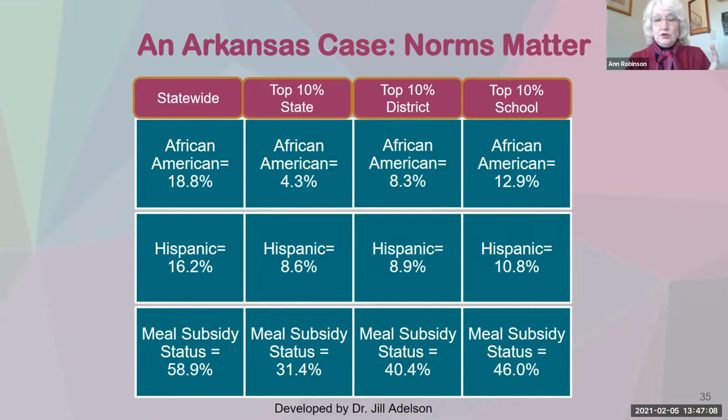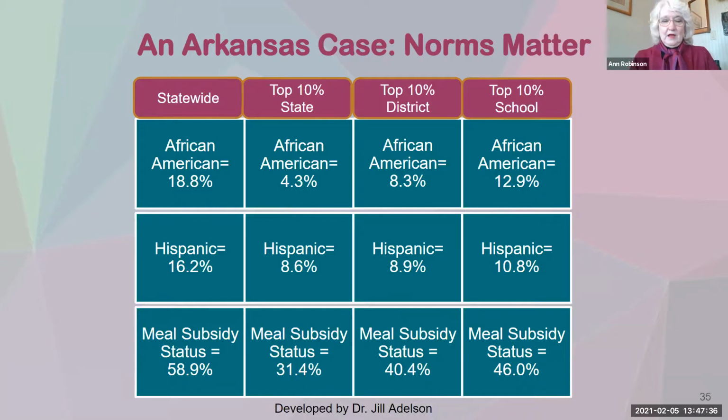The percent of students who identify as Hispanic or Latinx, that's 16.2%. And the percent of students who receive a meal subsidy, that's a whopping 58.9%. In other words, in this context, 2 out of 3 children in this grade level statewide live in poverty.